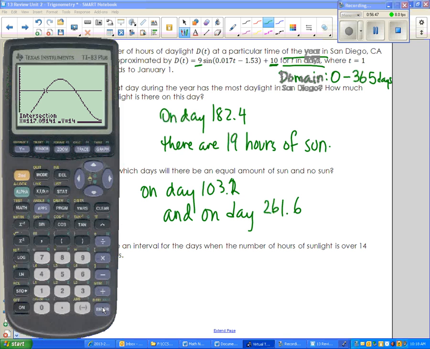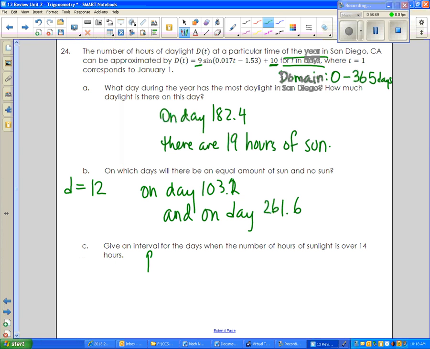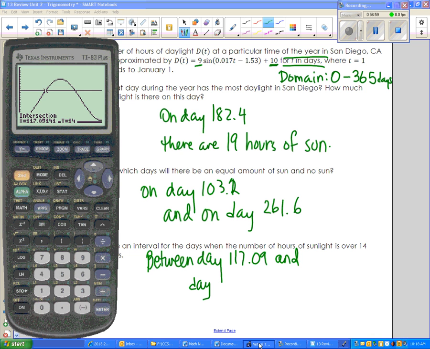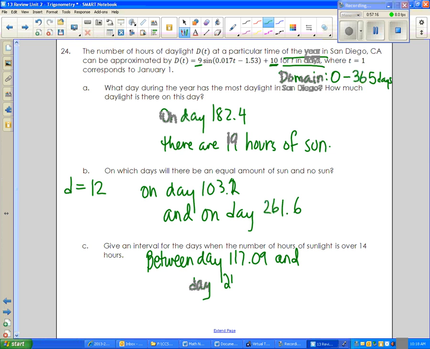So the first day is going to be 117.09. And then the second one, if we do the whole process over again, we get 247.7.